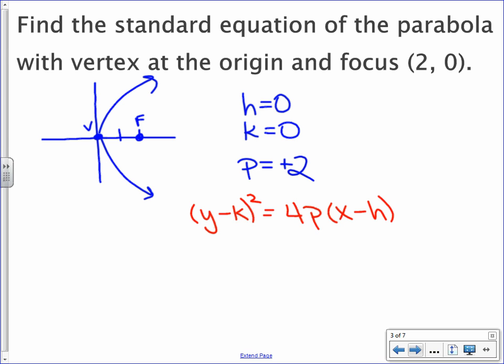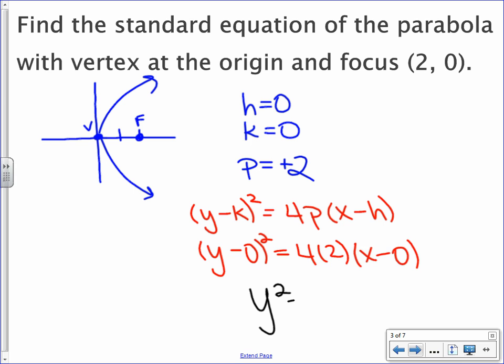That is our standard form, right? Now we can just fill everything in. I know that k is 0. I know that p is a positive 2. And I know that h is 0. So my standard form equation would be y squared equals 8x.